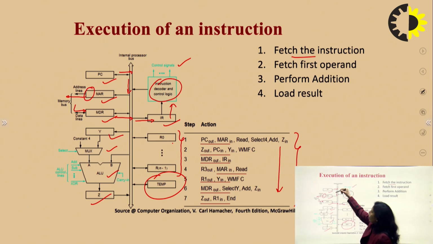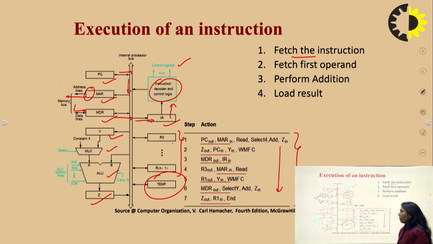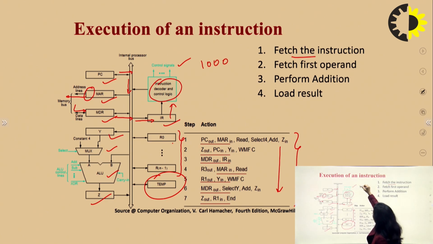Now, meanwhile, what happens? This program counter also needs to be updated. We consider byte addressable memory. If it is of 4 bytes, then for example, starting from the value 1000, since the value of the program counter was 1000, the next value will be 1004.